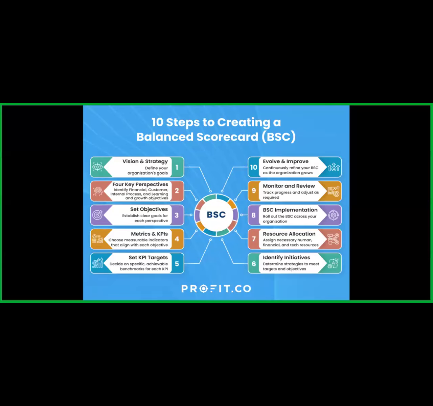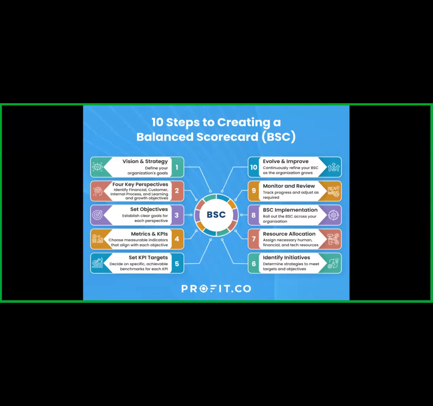It is a good strategy. It is to be implemented as it is. But if things are not moving as per the plan, then a review is to be taken and some changes can be made. Next, step number 10 is evolve and improve.